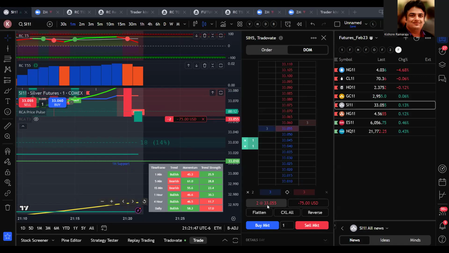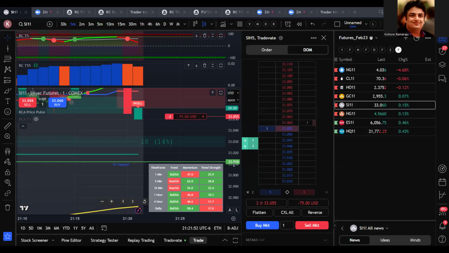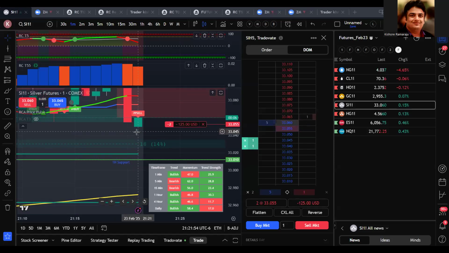So we shorted at 55. We want to take profit at 45 and 40. It should come all the way down to here.